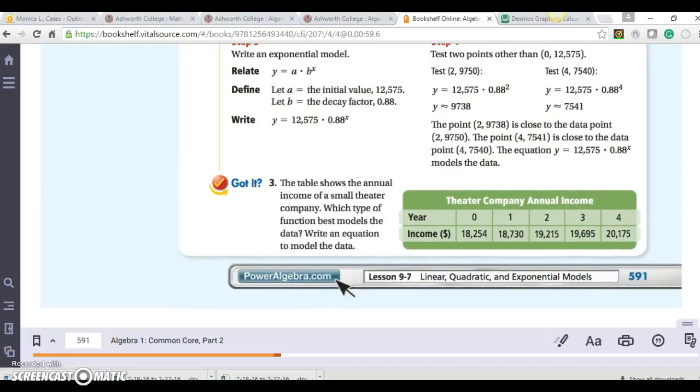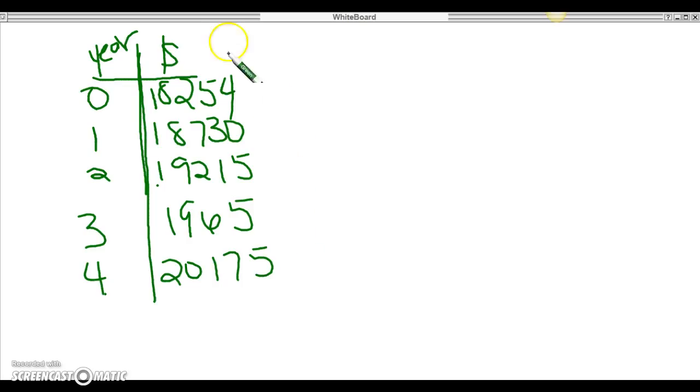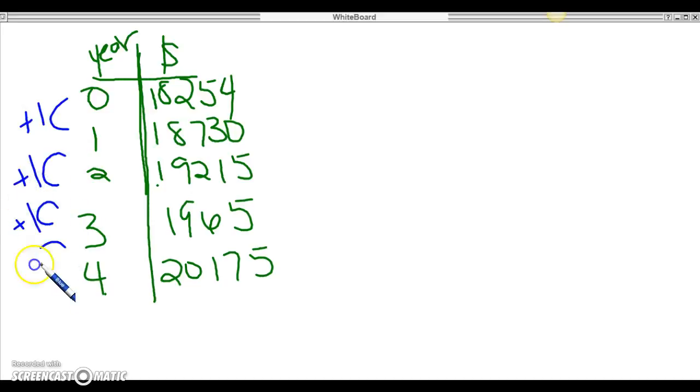So the table shows the annual income of a small theater company. Which type of function best models the data? Write the equation to model the data. So I've written it here on my whiteboard. And again, first thing I always want to check is to see if my x values are increasing by the same amount. And they are. They're all increasing by 1.